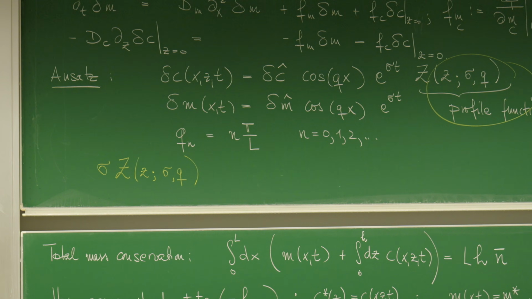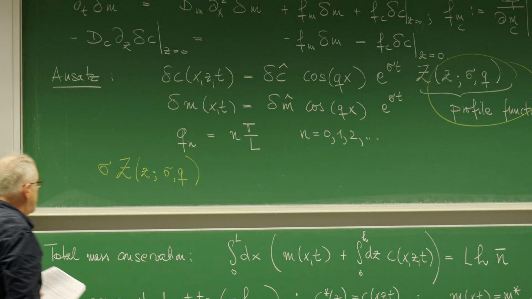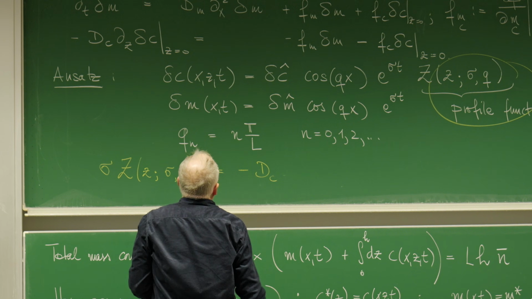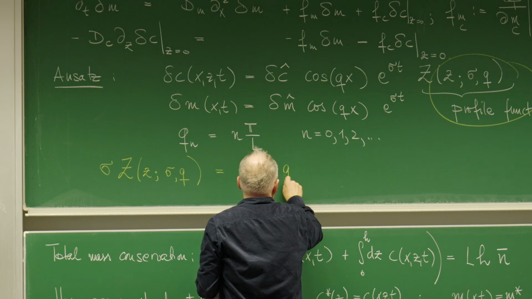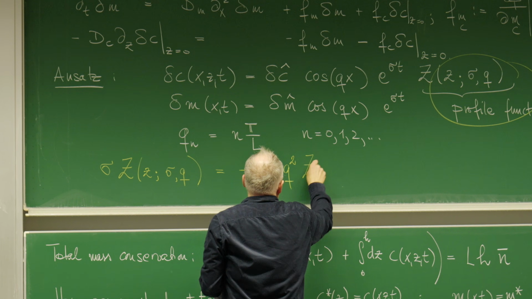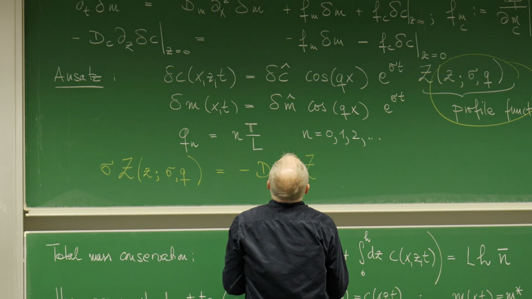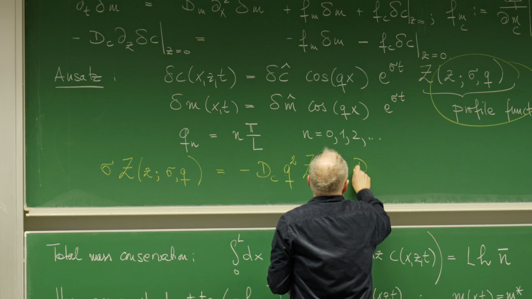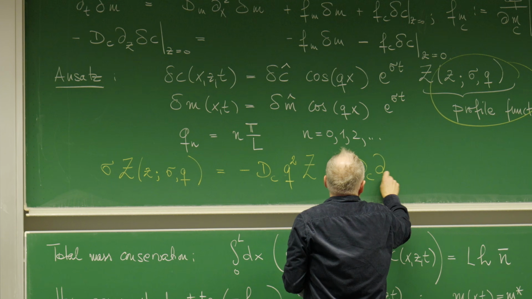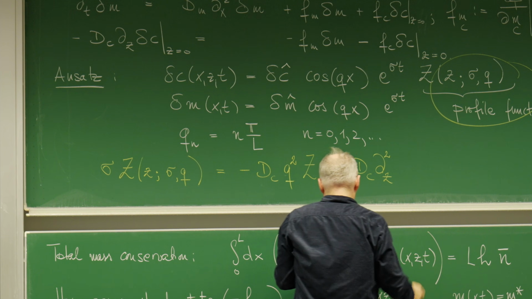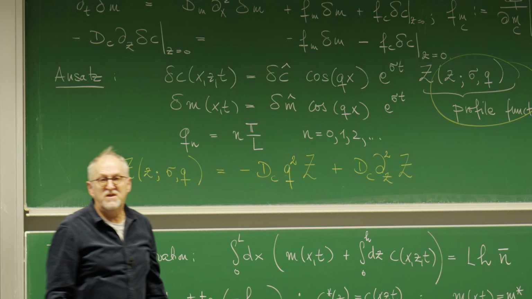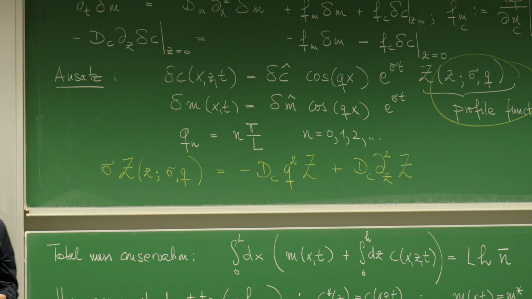That's inserting here in the first equation for the cytosol. This is equal to minus D_c times the wave vector squared, again the function c, plus D_c d z squared of Z(z), right? So we still have a differential equation in the z coordinate that we need to solve.